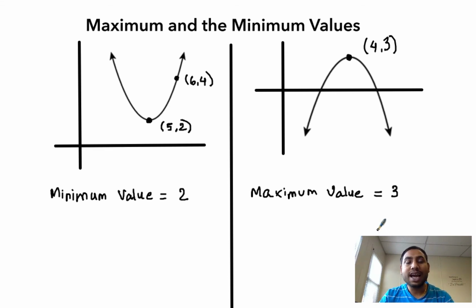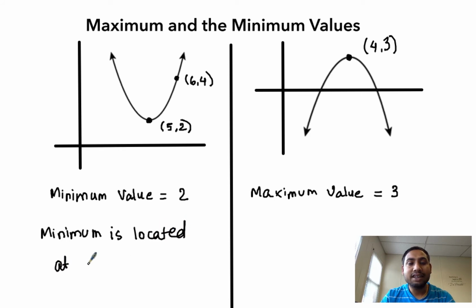Now sometimes you will be asked, where is the minimum located, or where is the maximum located, right? So to provide the location, you specify the x value. So for example, we say that the minimum is located at x equals 5, right?